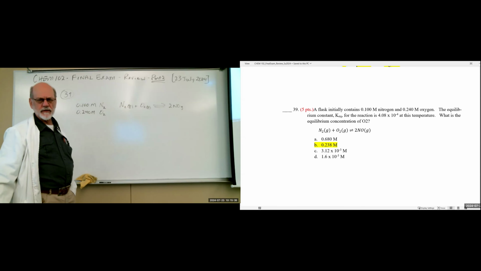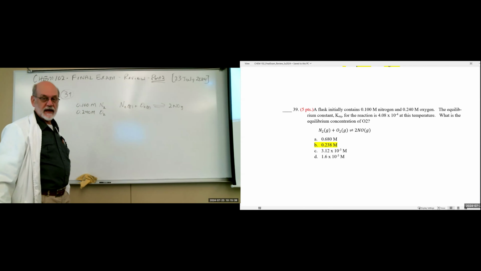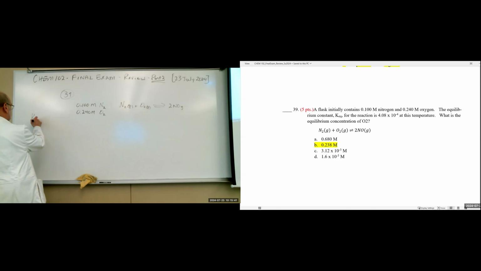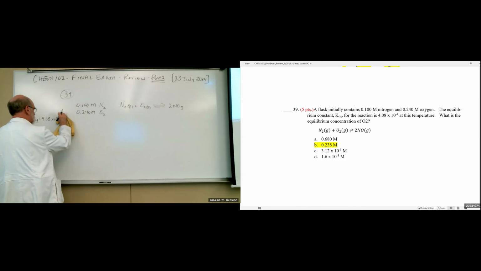What's the K value for this one? The K is given, 4.08 times 10 to the minus 4.